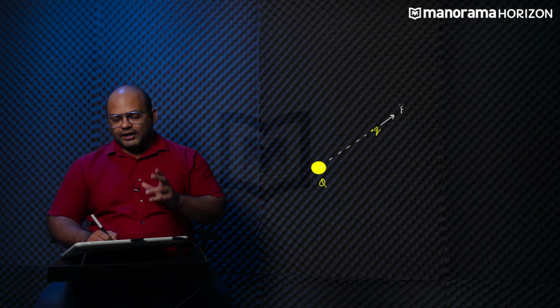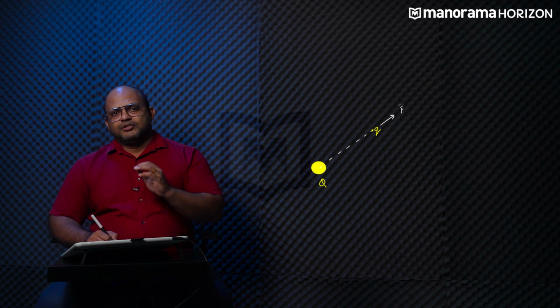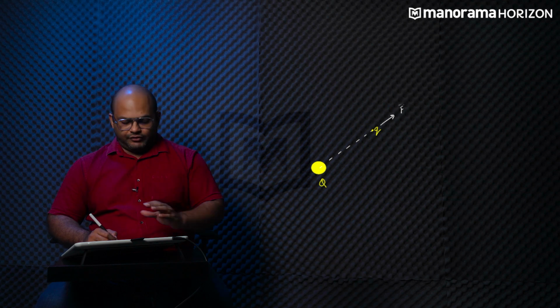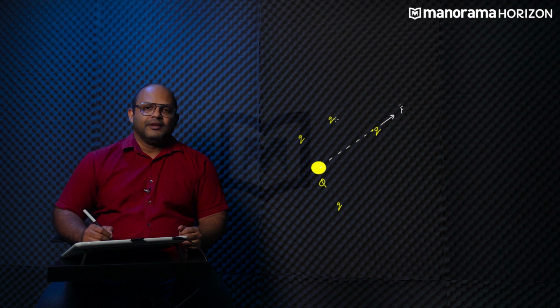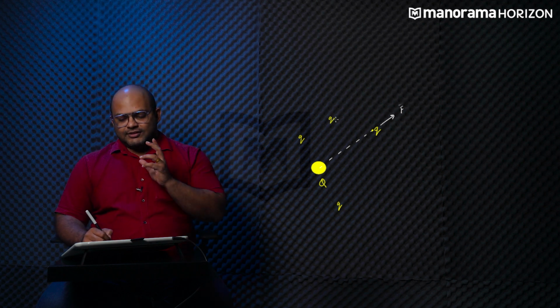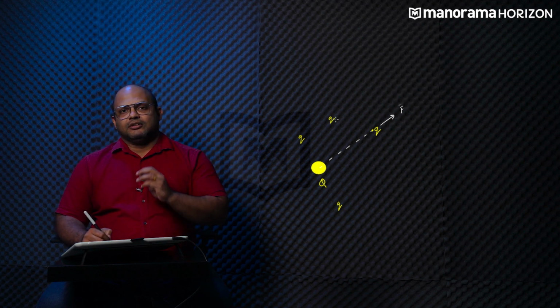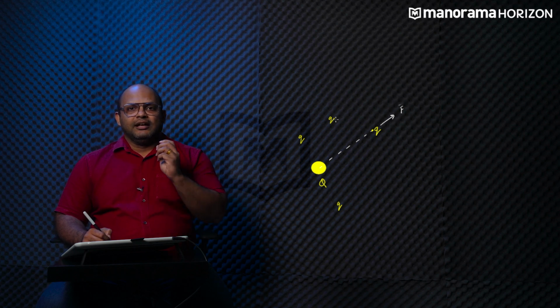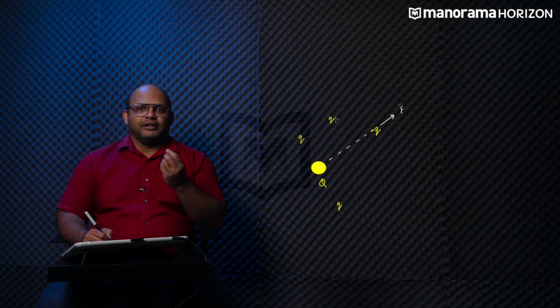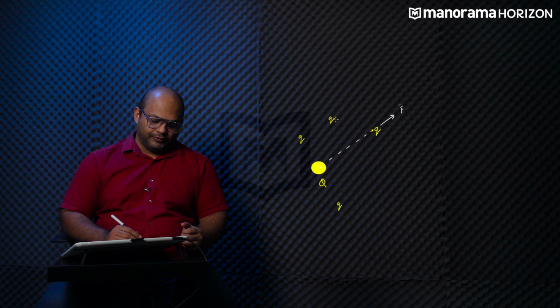We also realize that I could shift this smaller charge, small q, anywhere in this region. So I could randomly move this charge anywhere in this region, and for each point in this region, this tiny charge, small q, would be influenced by a specific definite amount of force.